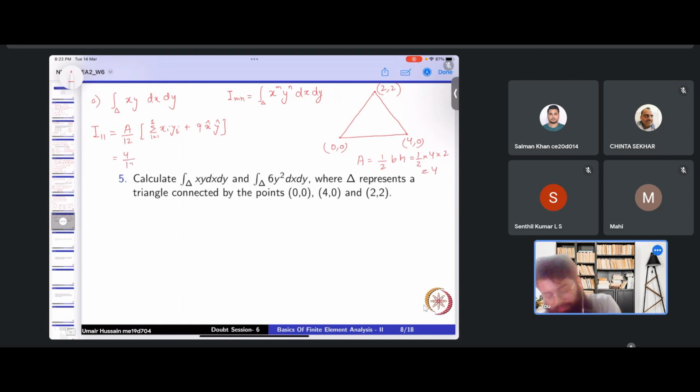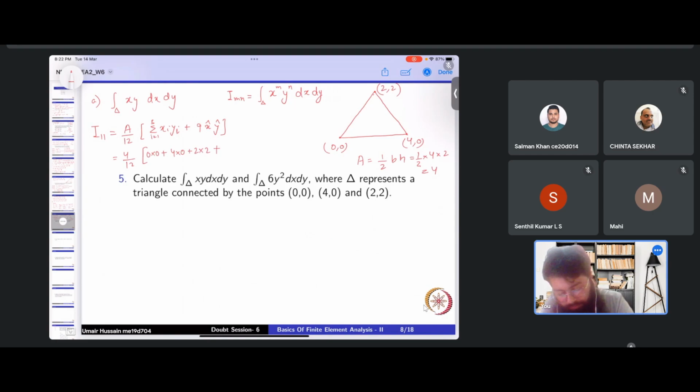4 by 12 here. Now we have to do the summation xi yi. For the first node we have 0 into 0. For the second node we have 4 into 0. For the third node we have 2 into 2. Correct?